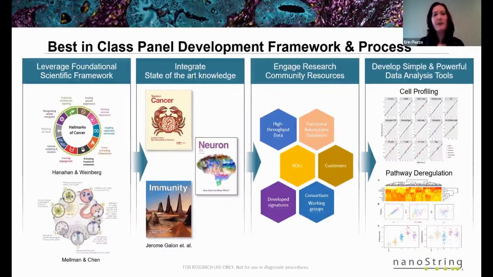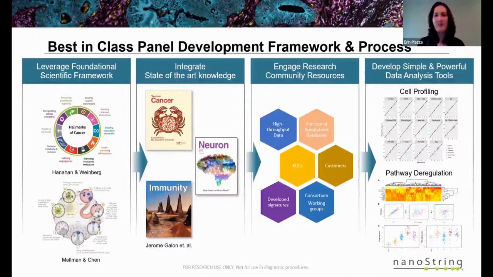We can also then integrate state-of-the-art knowledge, up-to-the-date publications and other resources in the scientific literature that help us make sure that all of the content is up-to-date and informative. And then we engage our research community resources, things like public databases, high throughput data, key opinion leaders, our customers, working groups, and so on.